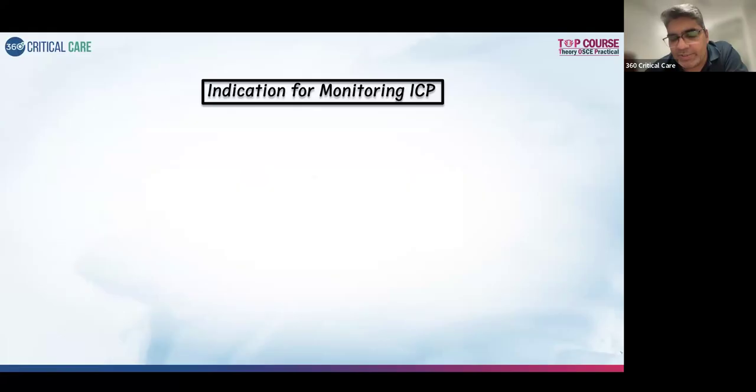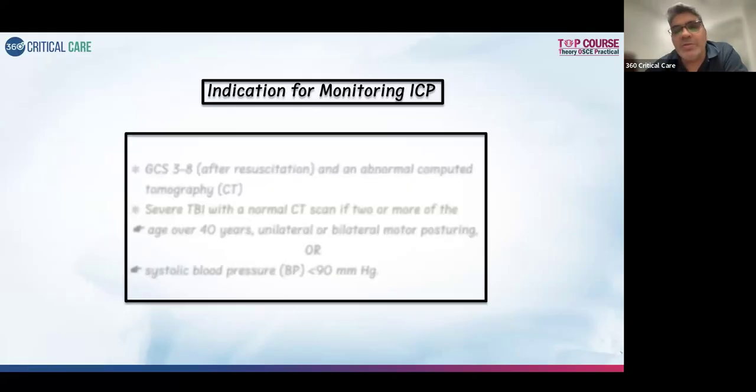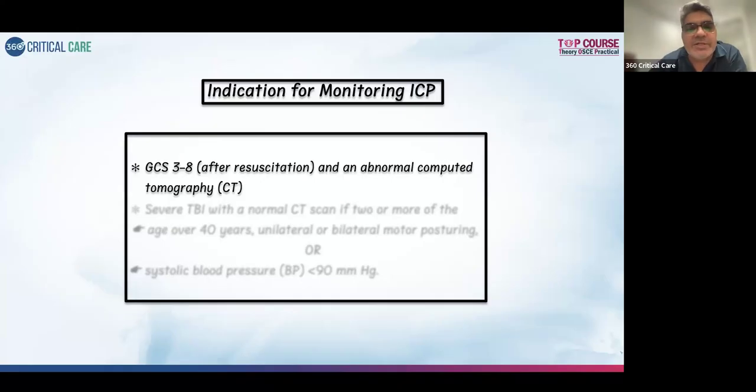Indication of ICP monitoring is an important question in the exam. So we go by the Brain Trauma Foundation. There are three major indications for monitoring ICP. One is any trauma patient with a GCS of 3 to 8 after resuscitation and an abnormal CT brain.